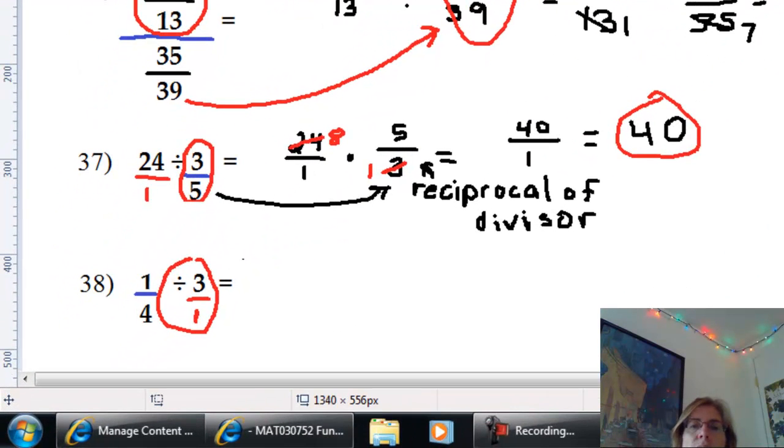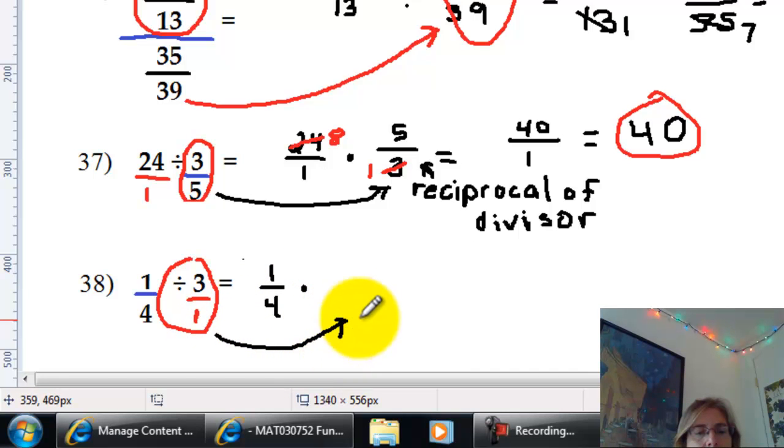So we'll write it as a multiplication problem and flip the divisor. So this is the dividend and times the reciprocal, which is 1/3 equals. So this is the reciprocal of the divisor.